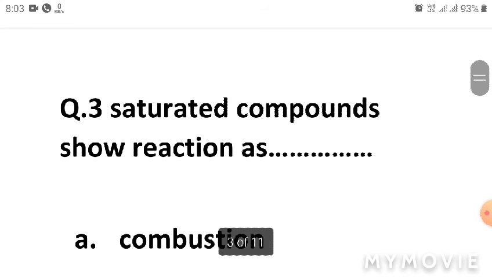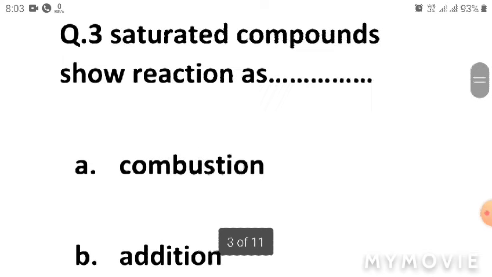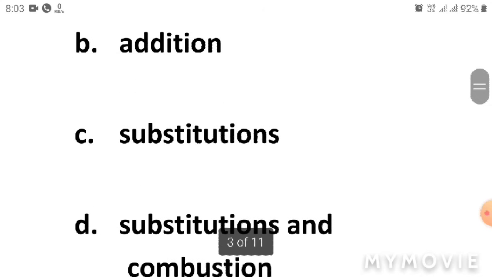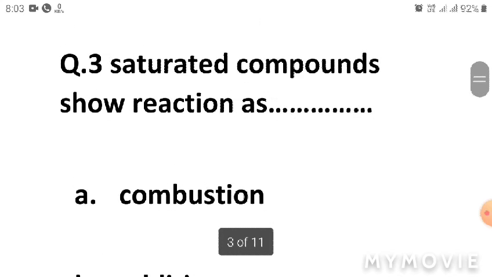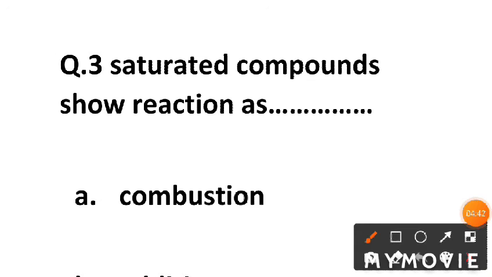Question number 3, the saturated compounds show the reaction as. Here options have been given: A. Combustion, B. Addition, C. Substitution, and D. Substitution and combustion. We have to know that saturated compounds show two types of reaction.